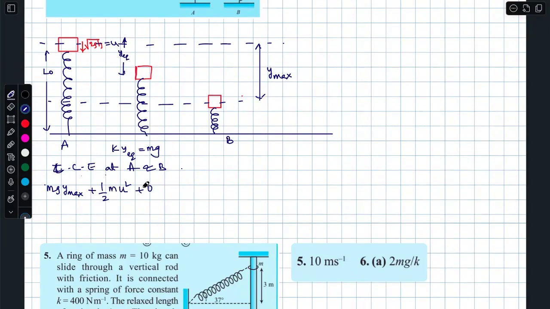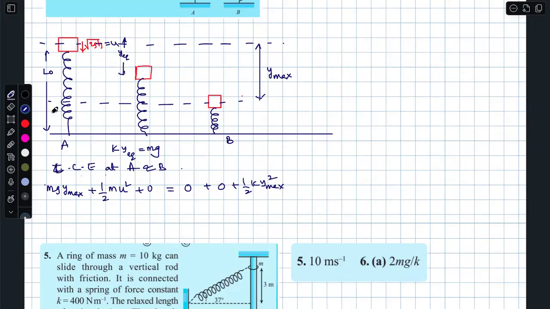Potential energy stored in the spring is 0 at A. Across A and B, you will have a situation where the potential energy is 0, kinetic energy is 0, and the only energy stored is spring energy of y max.